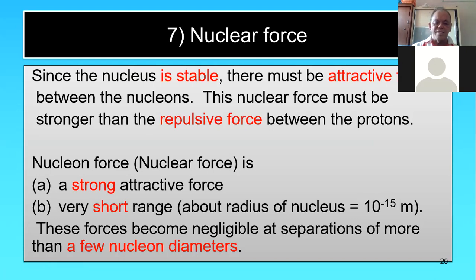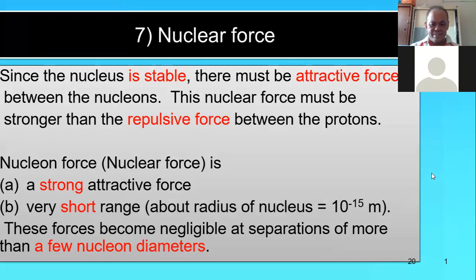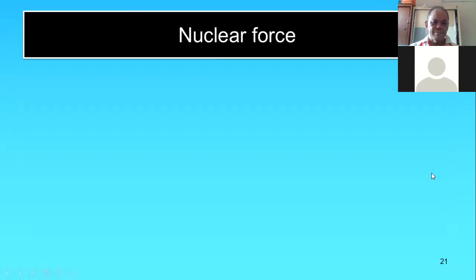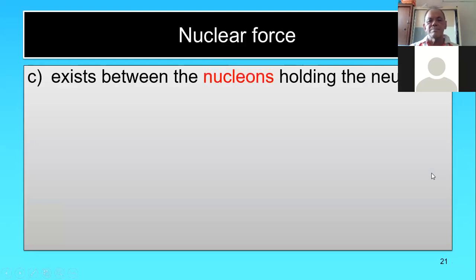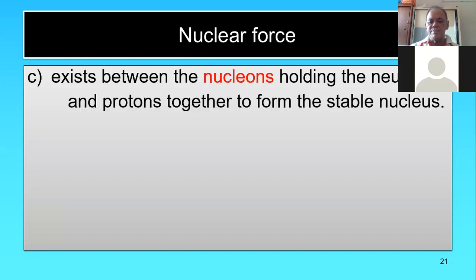So outside the nucleus, or a few nucleon diameters away, it becomes zero. It's getting weaker and weaker outside the nucleus. These are all reasoning only. And this nuclear force must exist between nucleons, holding the neutrons and protons together to form a stable nucleus.